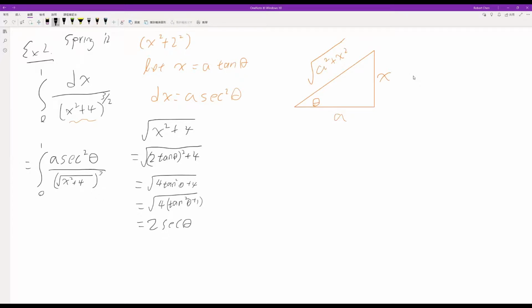So we have to take all these to the third power, right? So we have 0 to 1. Oh, that's not a, that should be 2. My bad. All right, so that's a 2. Right, a is 2 in this case. So 2 secant squared theta over 2 secant theta to the third power.